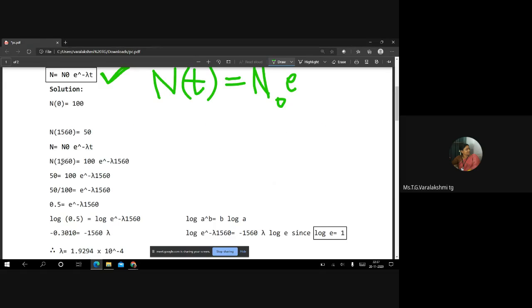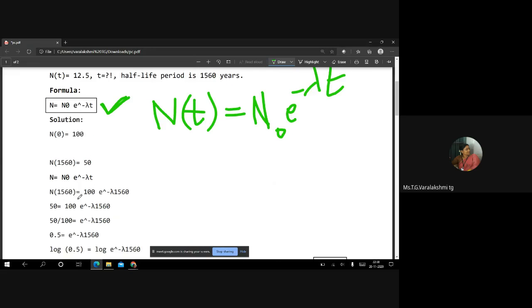So N of 1560, in the formula I am just writing here. N naught is 100 and e to the power minus lambda. In the place of t I am substituting t half. T half is given in the question as 1560.